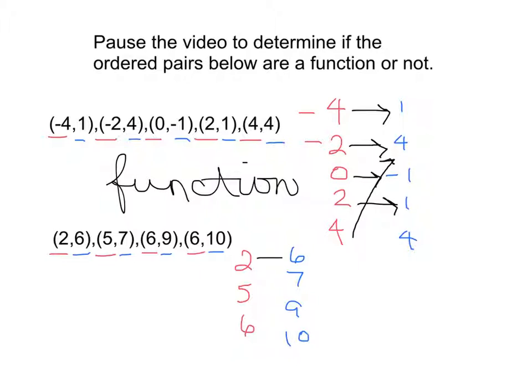The 2 pairs up with the 6, the 5 pairs up with the 7, and now we have the 6 that pairs up with the 9 and the 10. But we've previously talked that you cannot have a domain that pairs with two range, so this answer would be not a function.